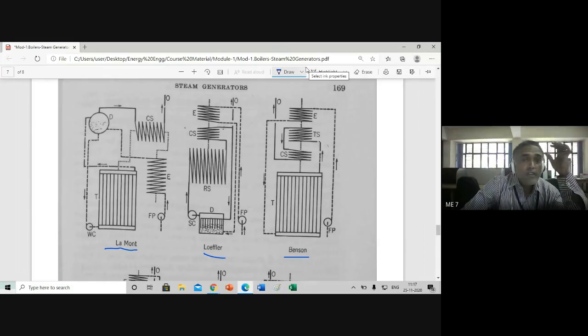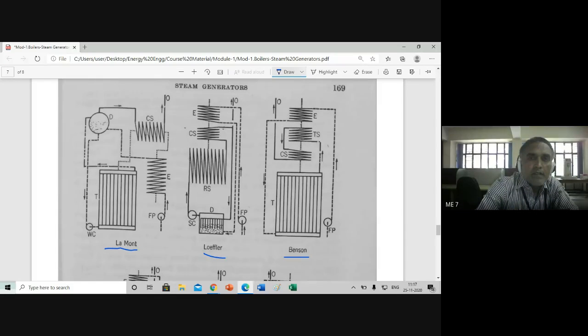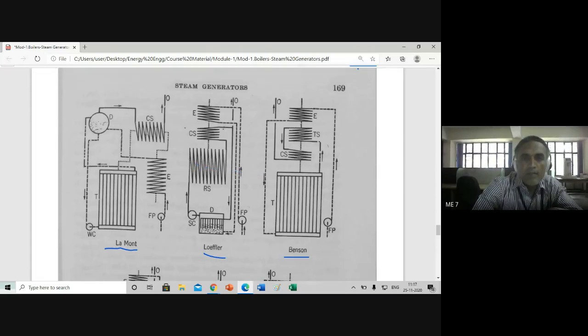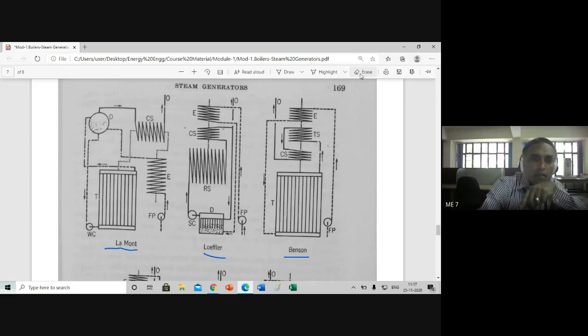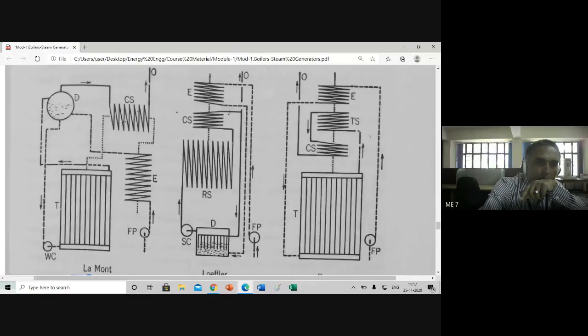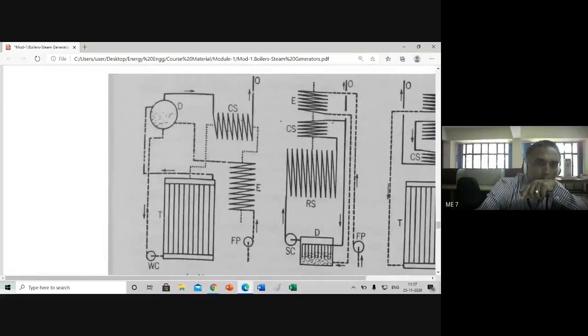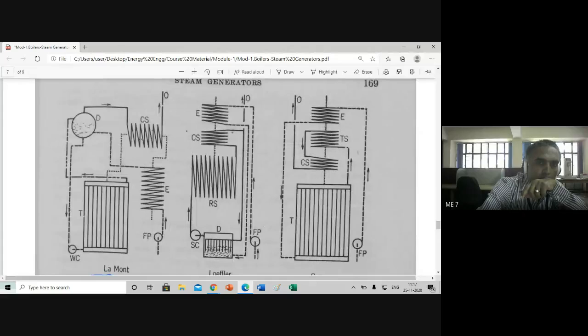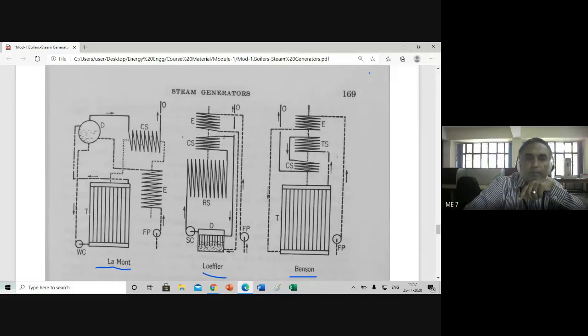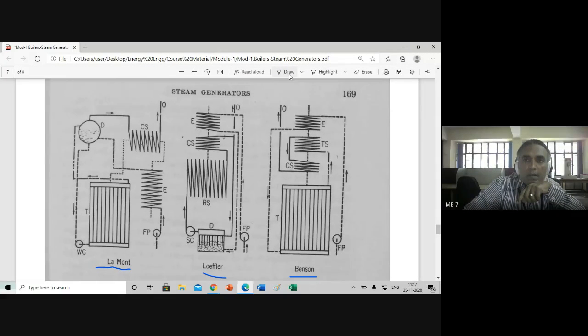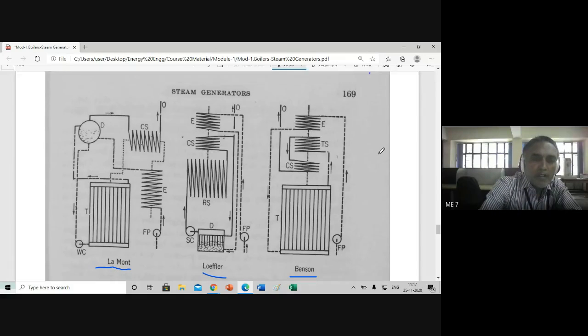So in the Lamont boiler, the Lamont boiler starting point.